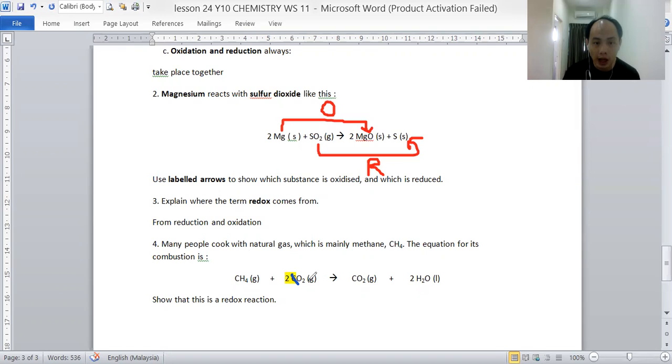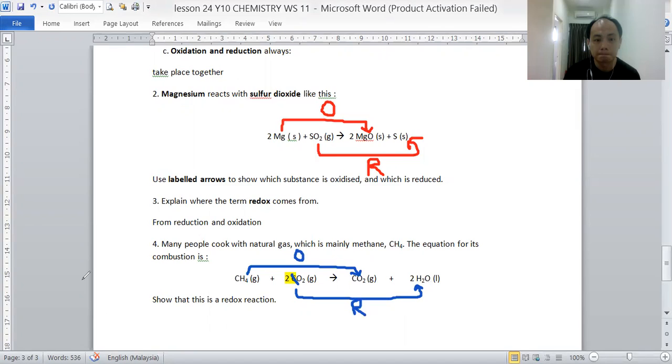When burned in the air, it produces carbon dioxide and water. So CH4 plus O2. CH4 to carbon dioxide is oxidation, and oxygen become water is reduction.